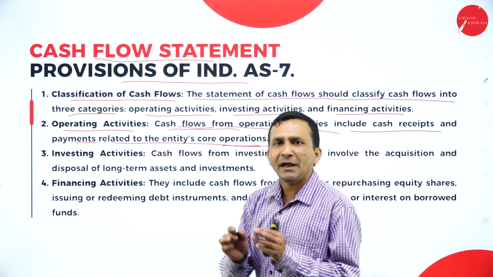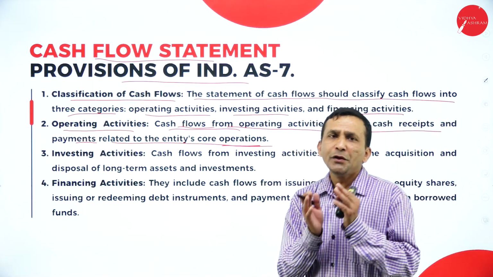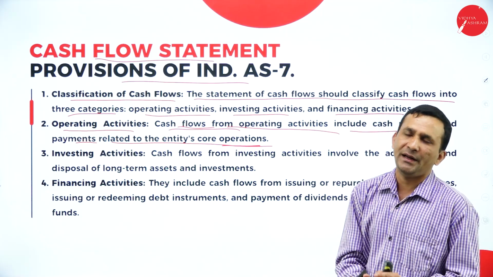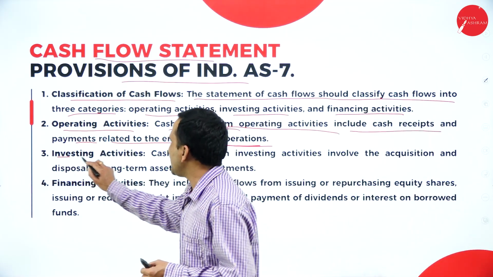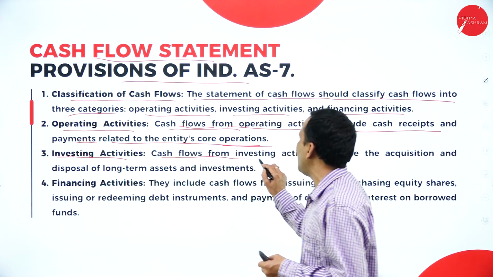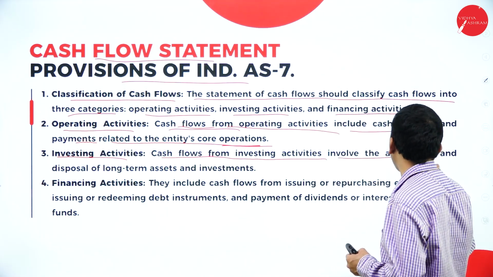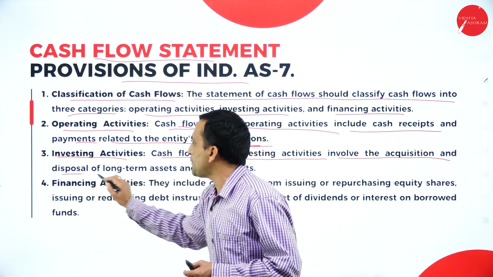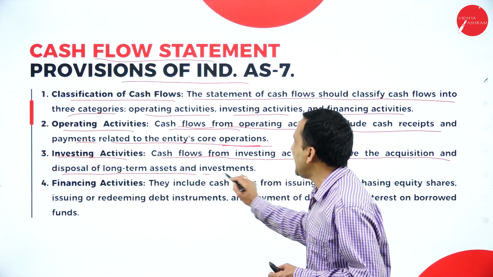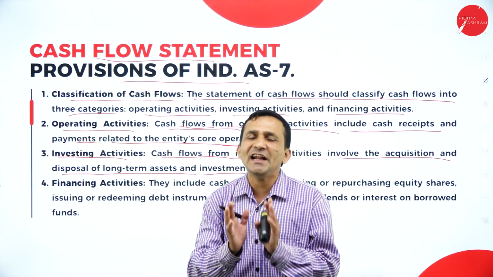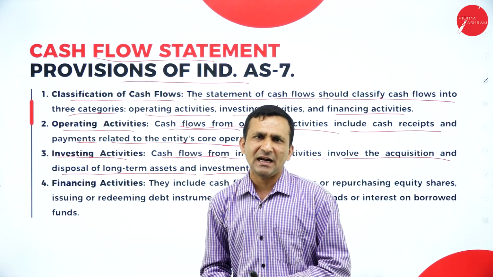At the time of preparing a cash flow statement, you want to classify properly. So under investing activity, cash flow from investing activity involves the acquisition and disposal of long-term assets and investments. We are talking related only to investing activity.